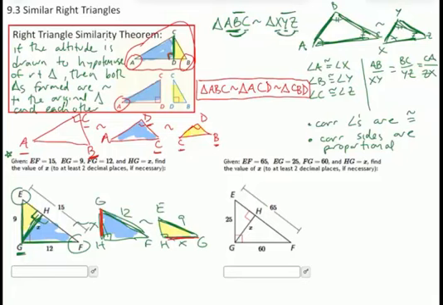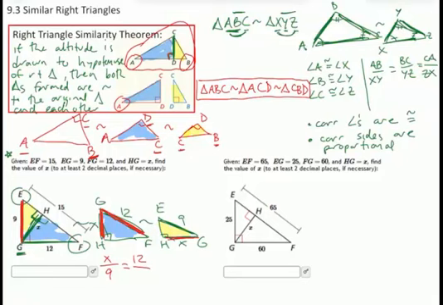If I say X, which is GH, that corresponds to what length in the large triangle? 9. And that's equal to, and now what you need to do is find two pieces that match, two pieces that you have lengths for. So in this middle triangle, I have a length of 12. Because I started with X in the top of my fraction, I need to start with the other measure from that same triangle, 12.